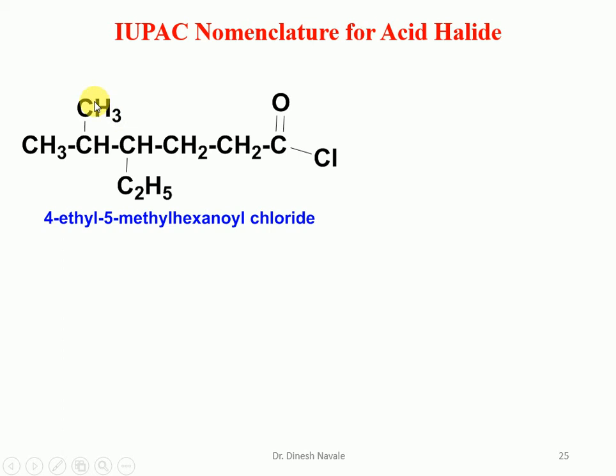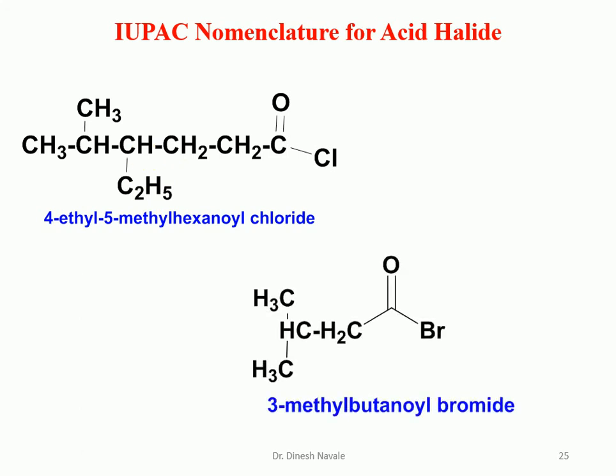But in the case of methyl and ethyl, we have to utilize alphabetical order. So E comes first, as the ethyl substituent. So it will become 4-ethyl 5-methyl hexanoyl chloride. We have written this chloride because of this chlorine. Hexanoyl means the longest carbon chain. It is 5-methyl, 4-ethyl.